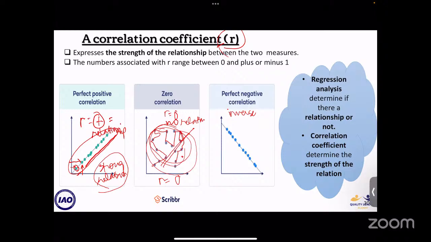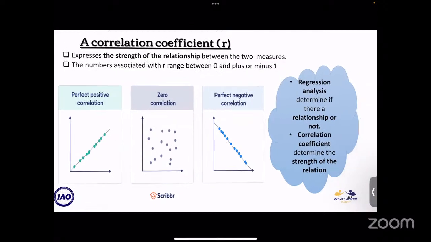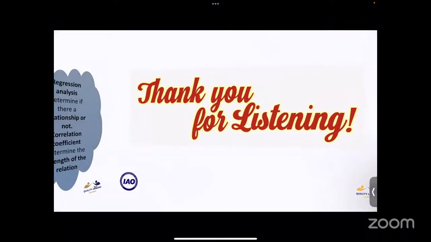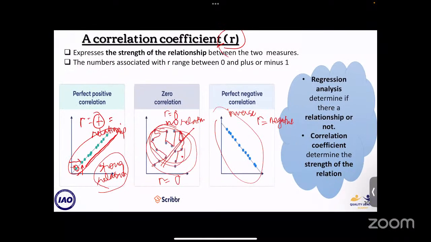If the points came in the opposite direction like this, then here r would be negative. Yes, very good. r here is negative, meaning it is a negative relationship, an inverse relationship.